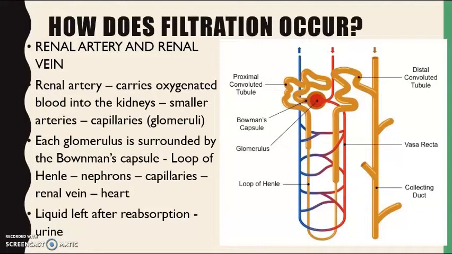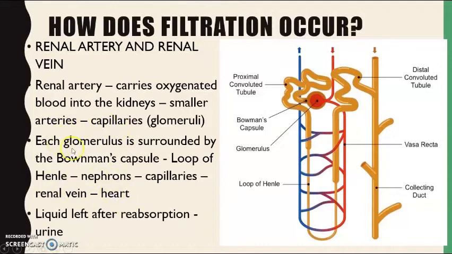Next, saan na pupunta after the loop of Henle? So, as these materials or the filtrate travel through the tubule, much of the water and other useful substances are filtered from the blood and they are being reabsorbed into the surrounding capillaries. So, these capillaries are connected to the renal vein. So, yung renal vein natin, which transports the filtered blood back to the heart.